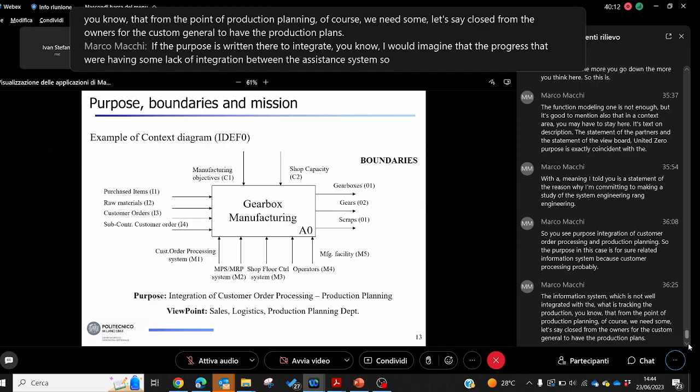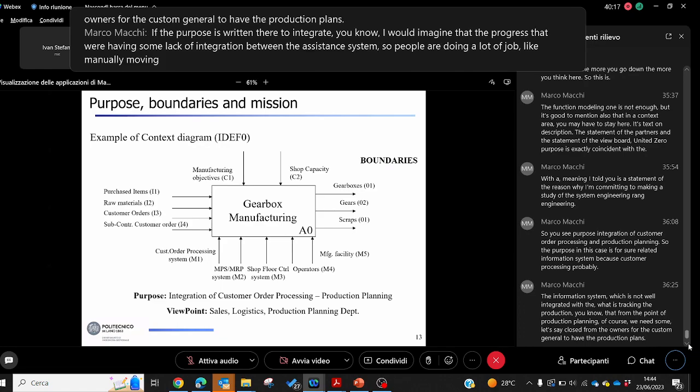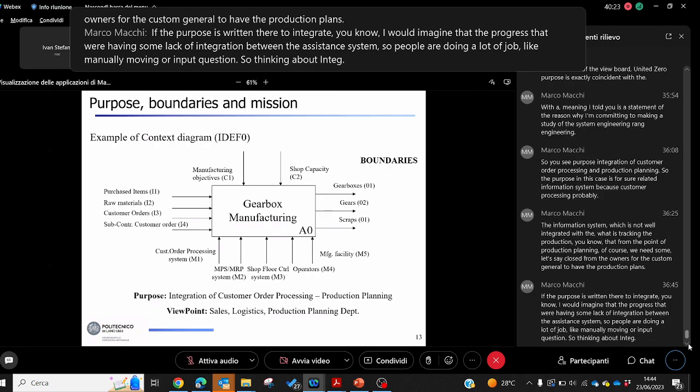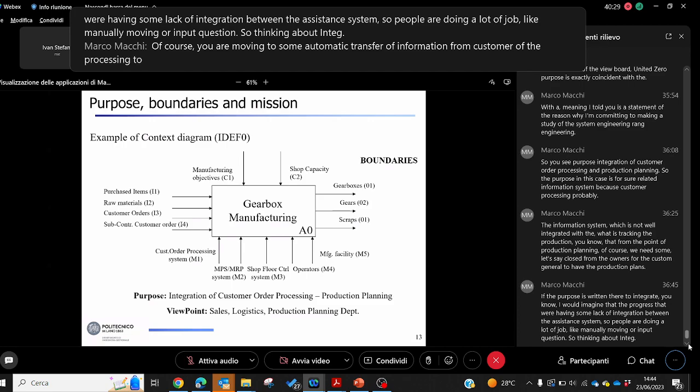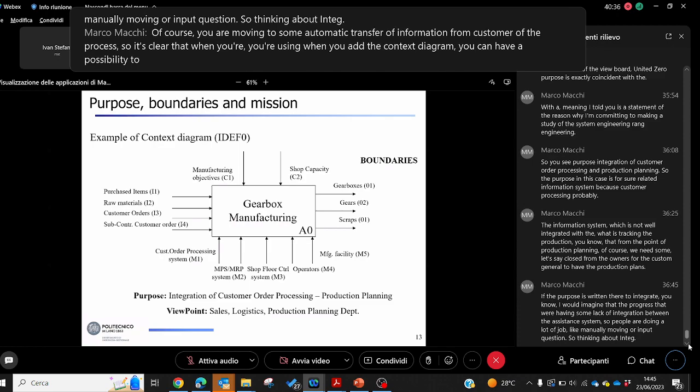So people are doing a lot of work like manually moving the information or inputting it. So thinking about integration, of course, you are moving to some automatic transfer of information from customer order processing to production. So it's clear that when you're using item 0 and you have the context diagram, you have the possibility to make a statement of the purpose.